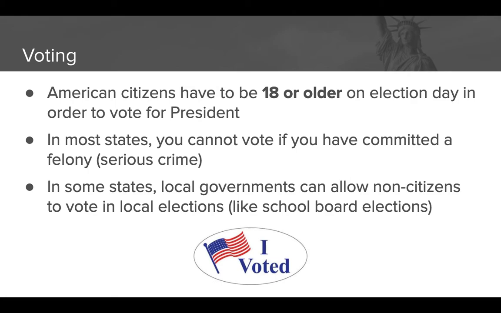In some states, local governments allow non-citizens to vote in certain local elections. For example, maybe school board elections or city council elections. It's not super common, but that does happen in some areas of the country.